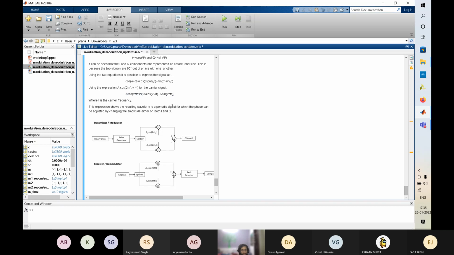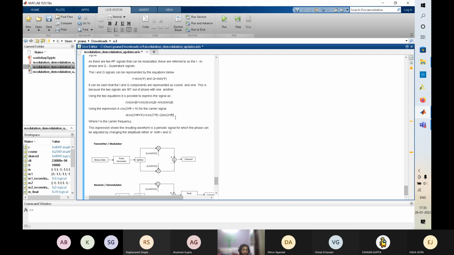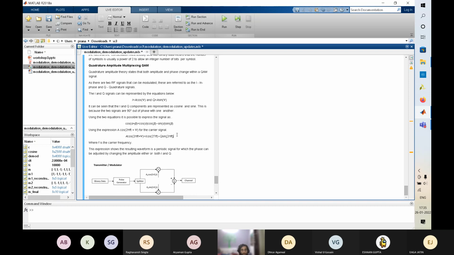Why we are writing the signal in these terms, there is also a fact. Each signal that can be written in terms of I cos 2 pi fct and Q sin 2 pi fct is a band pass signal, so a band limited signal. In the frequency domain, that signal is band limited, so this is a standard that we use.